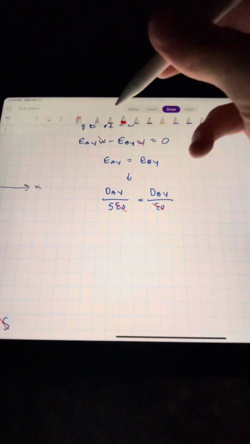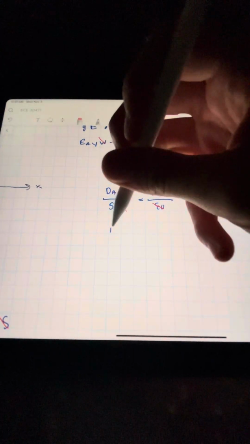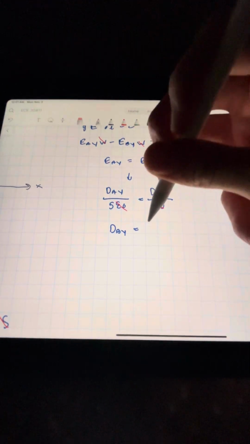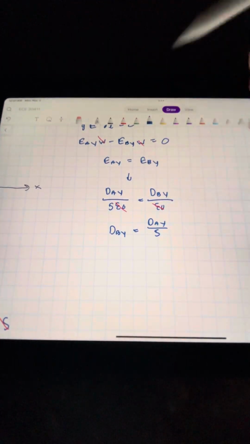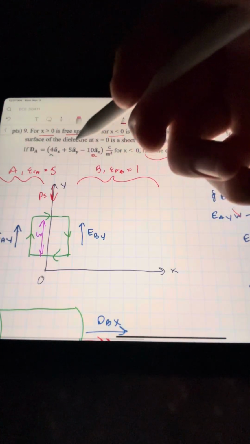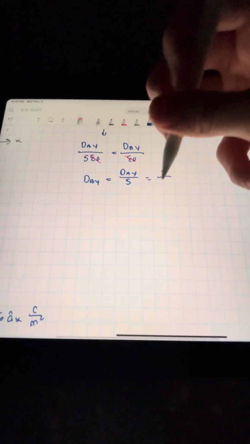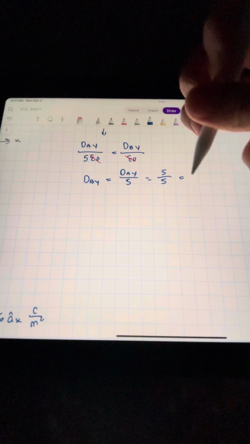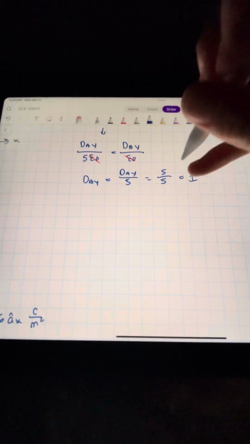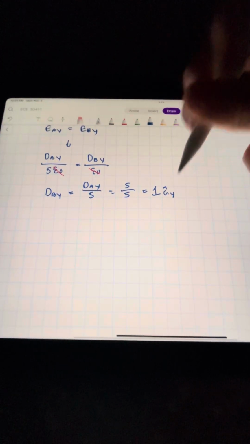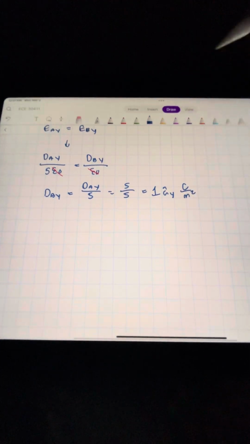Canceling the epsilon naughts, we get that D sub by equals D sub ay over 5. We know that D sub ay equals 5, so 5 over 5 equals 1 in the a sub y direction, coulombs per meter squared.